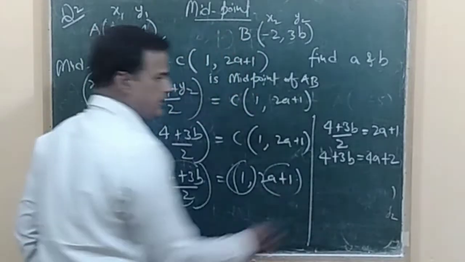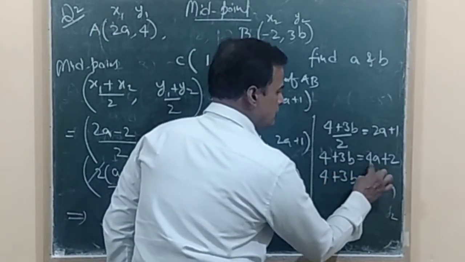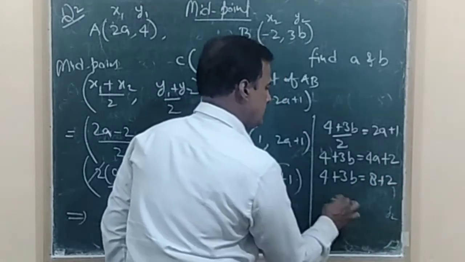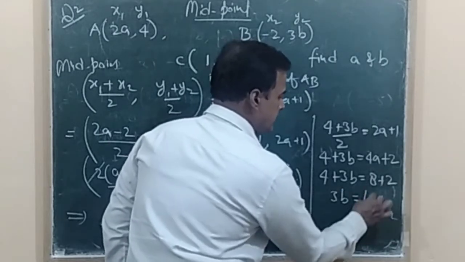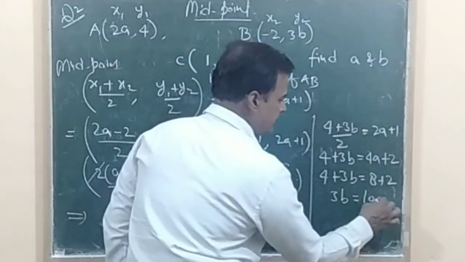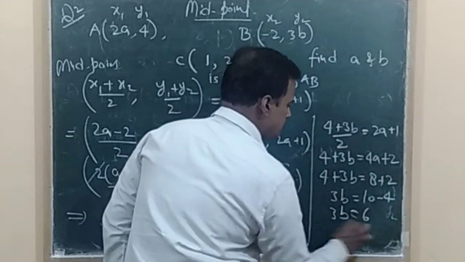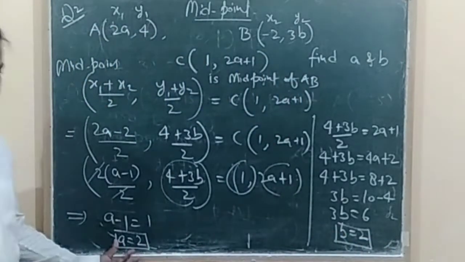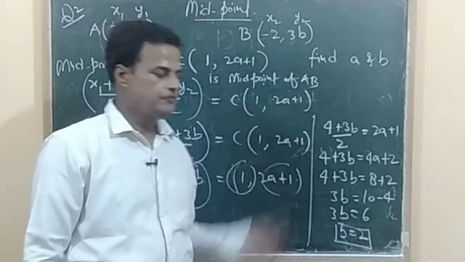Putting the value of a, 4 plus 3b equals to 4a, a is 2, means 8 plus 2. Now this becomes 3b and 10, and right side transfer 4 to right hand side, this gives minus 4. This is 3b equals to 6, means b is equal to 2. Finally we get a equals to 2 and b is equal to 2 in this midpoint.